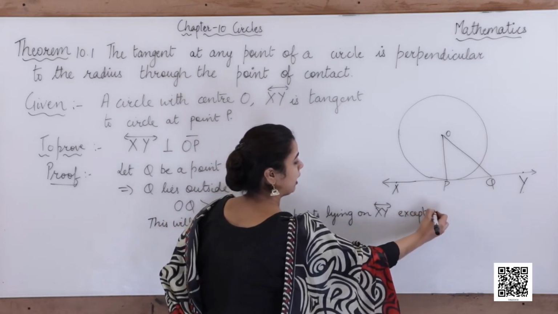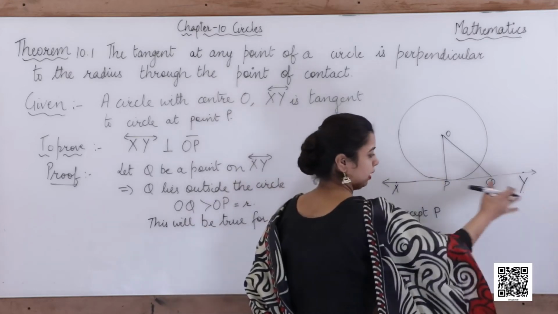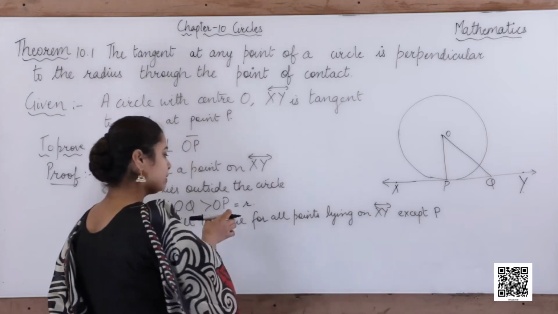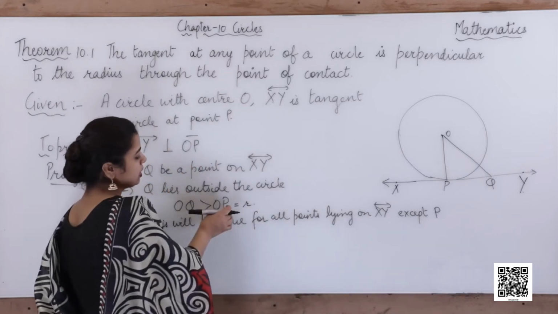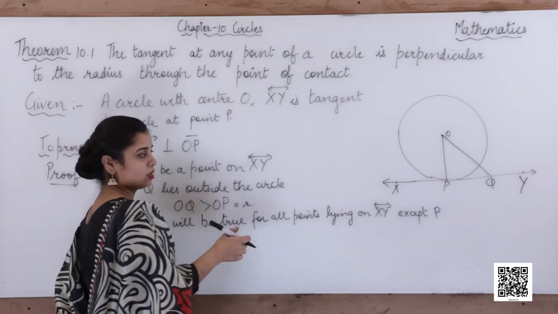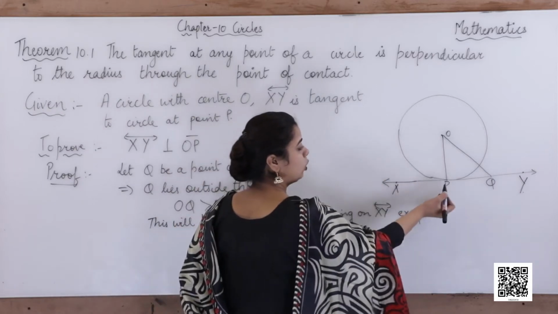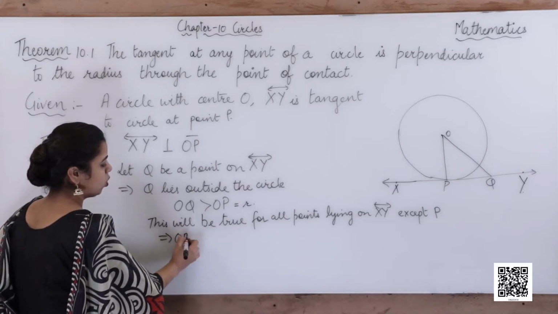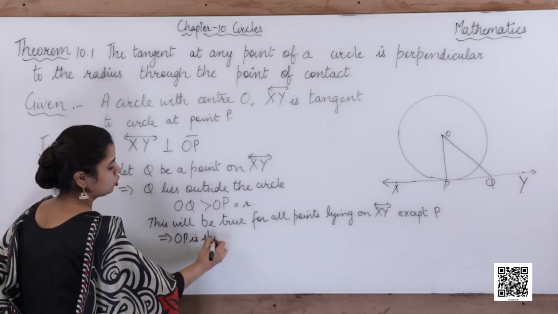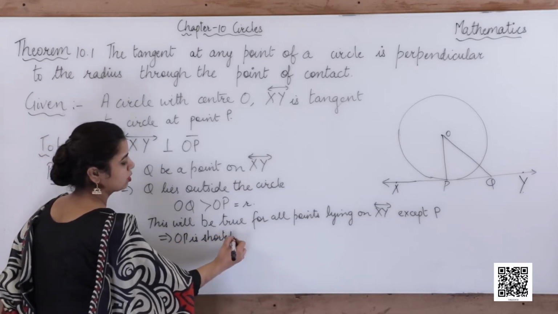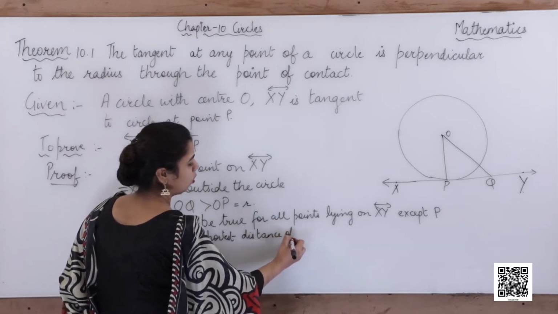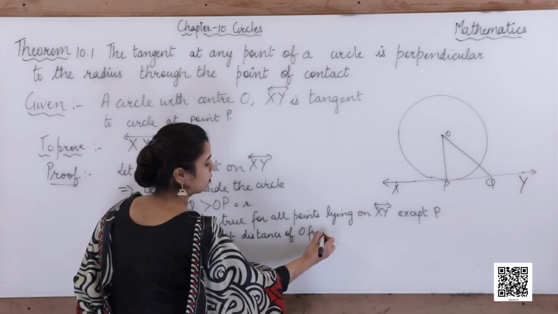So you take any point on XY other than P, its distance from the center will always be greater than OP. So we can say that OP is the shortest distance of O from XY.